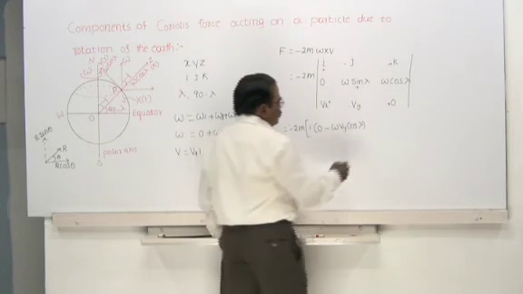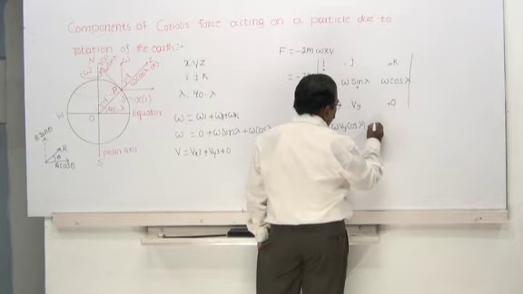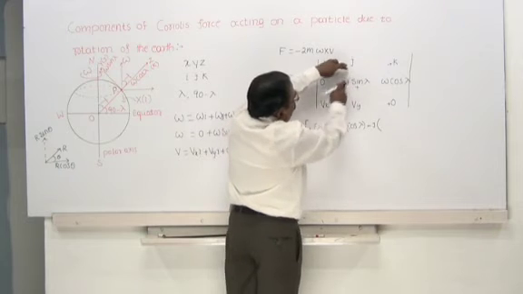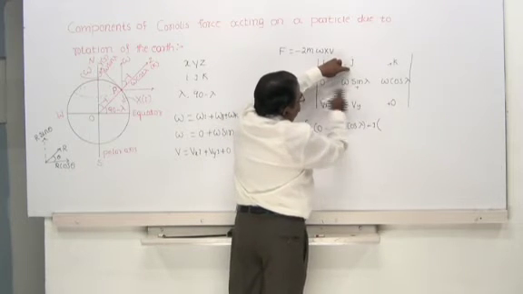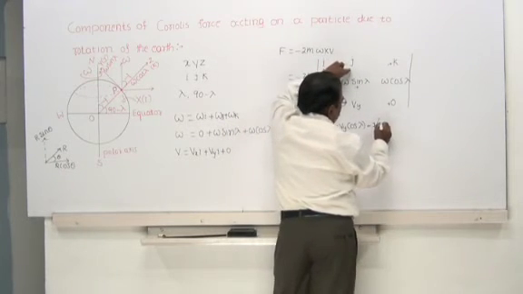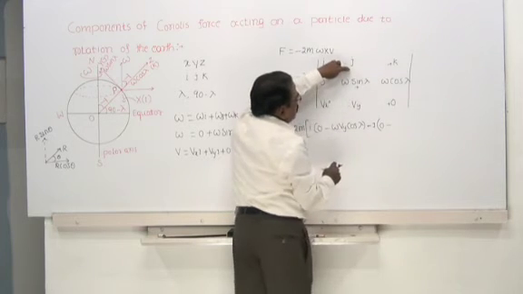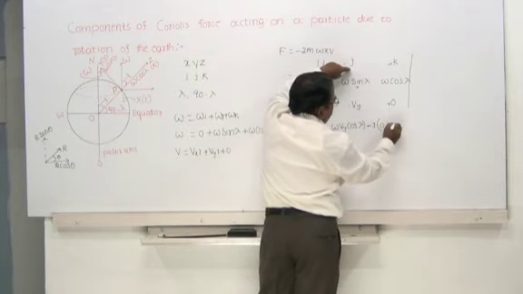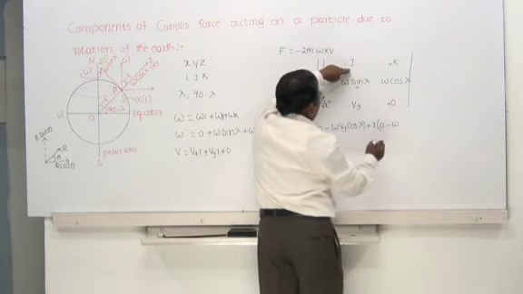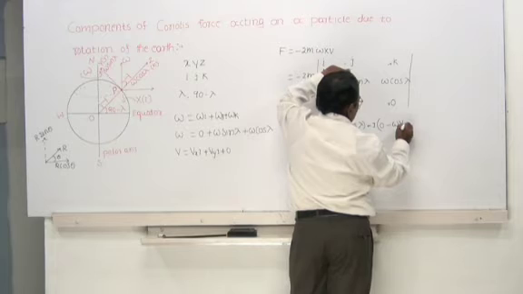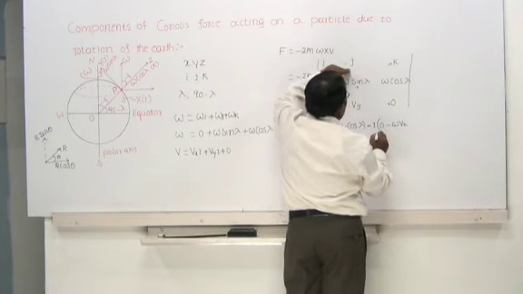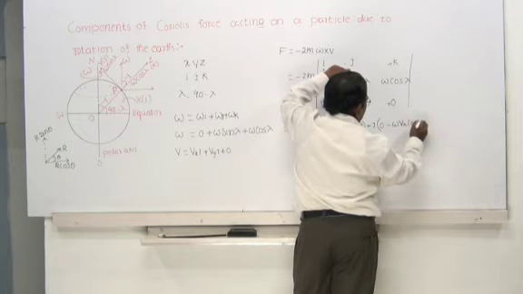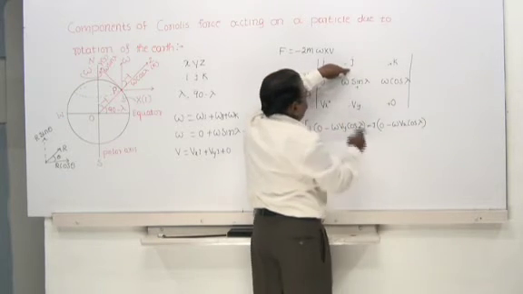Now this is minus z. Now the product of these two is 0 minus omega Vx cos lambda.